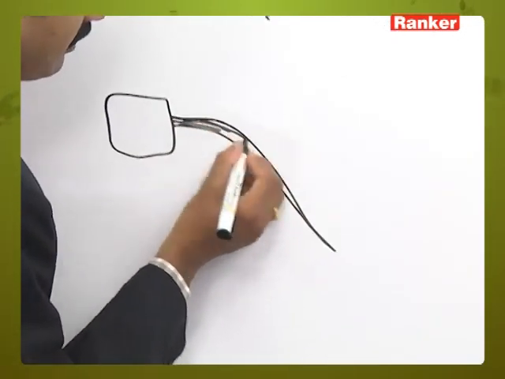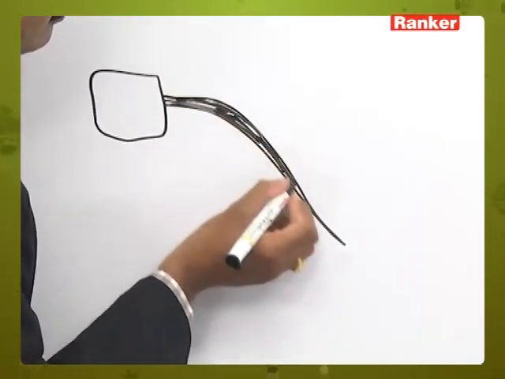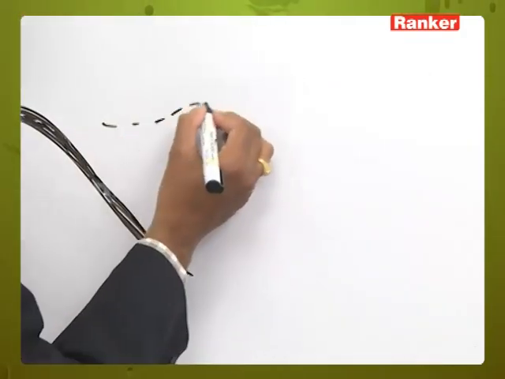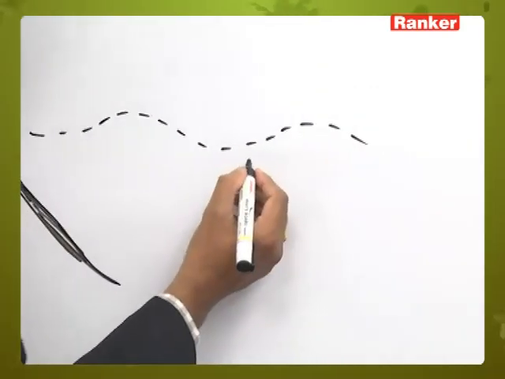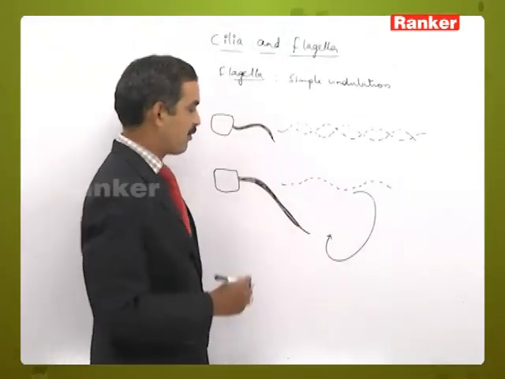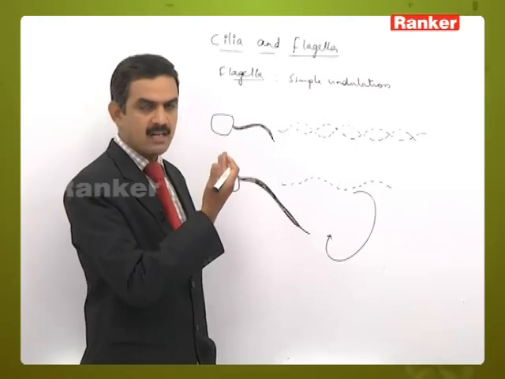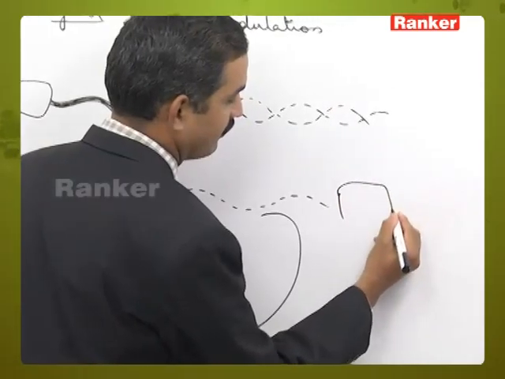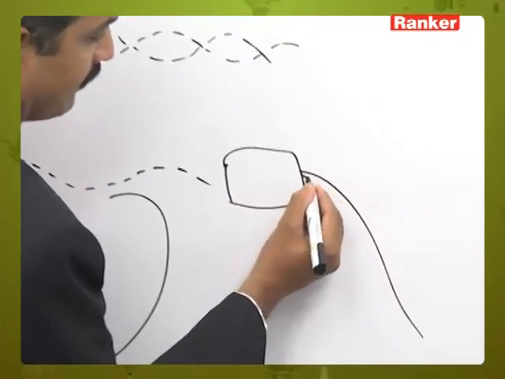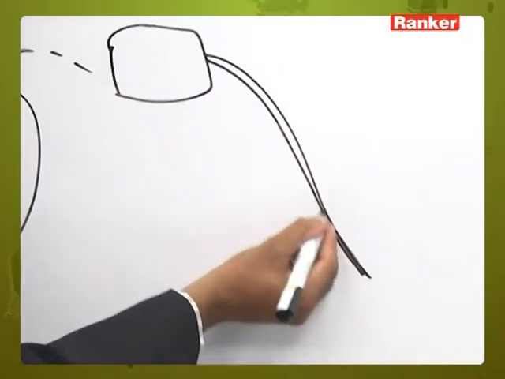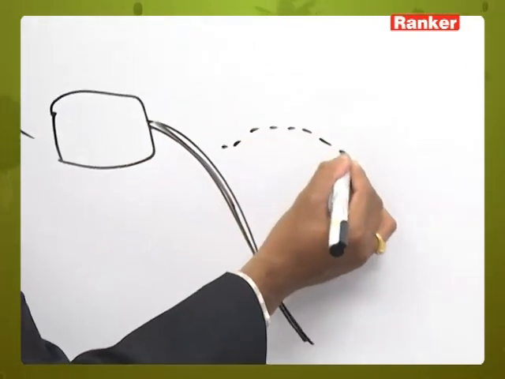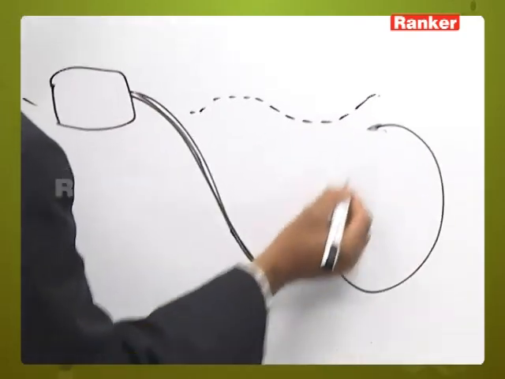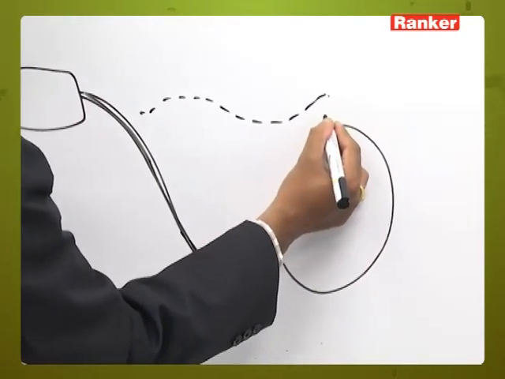This is a flagellar structure, where along with this type of movement we can see the pushing of the water to the backside, and in the reverse stroke we can see movement of the water in the reverse direction.